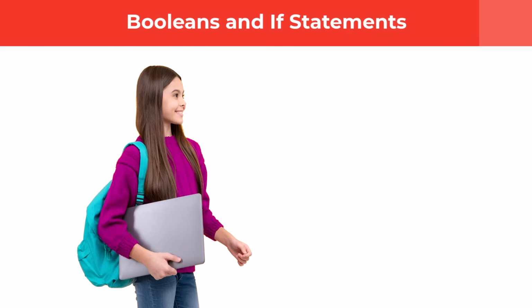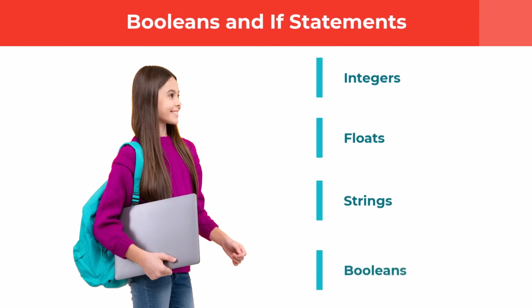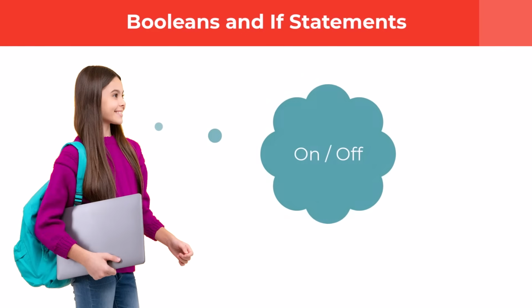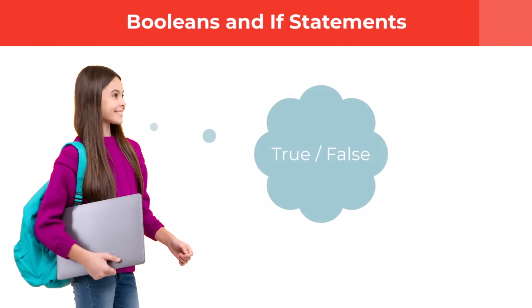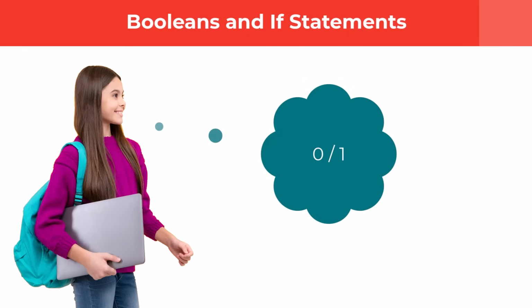So far we have learned 3 types: integers, floats and string. We will now learn the 4th type, which is called Boolean. A Boolean is a way to represent an on or off situation, a true or false situation, a 0 or 1 situation, or we can say a yes or no situation.